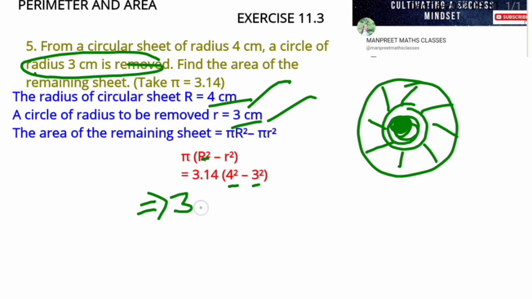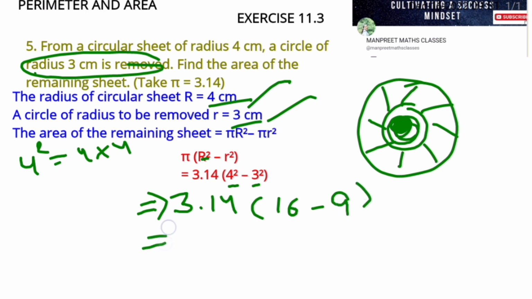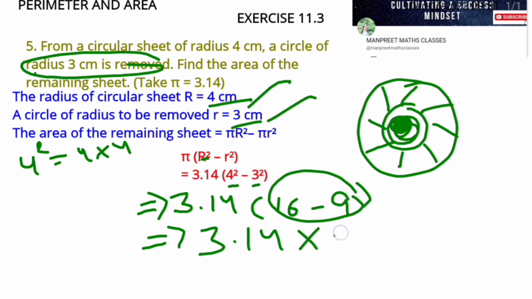So 3.14. Now what is 4 square? 4 square means you have to multiply 4 by itself. So 4 into 4, that is 4 4s are 16, and the same for 3, 3 square means 9. Now next step, 3.14 times 16 minus 9, subtract it first, you will get 7.